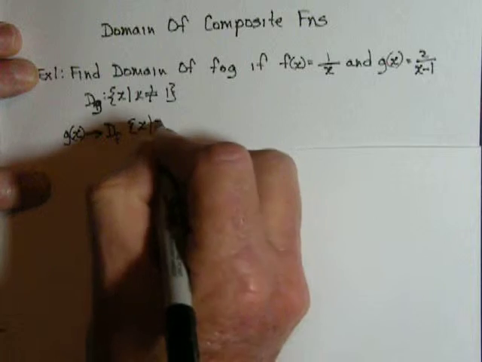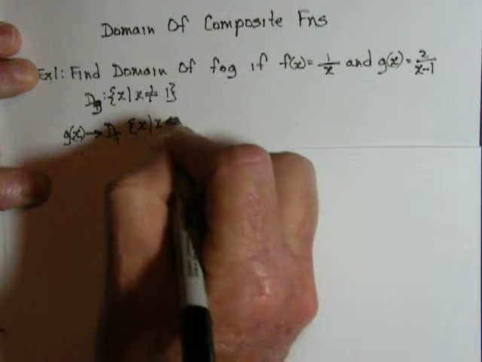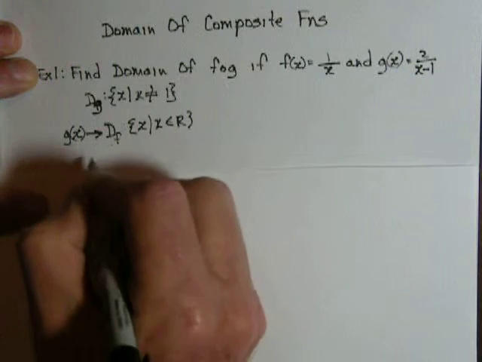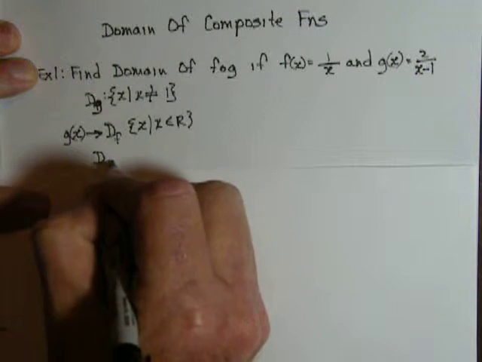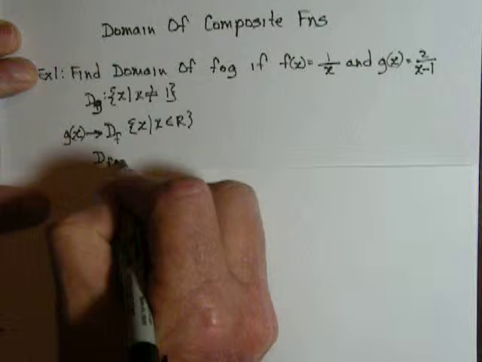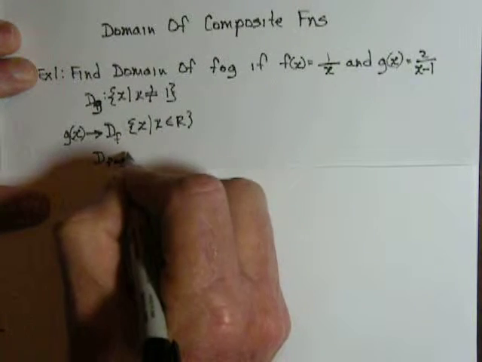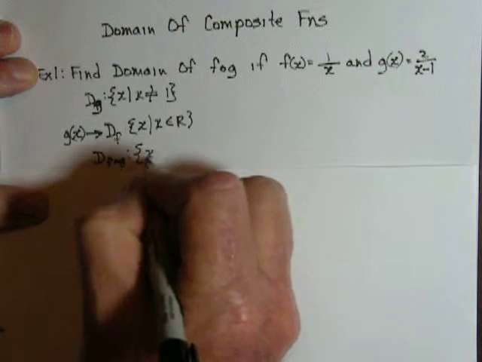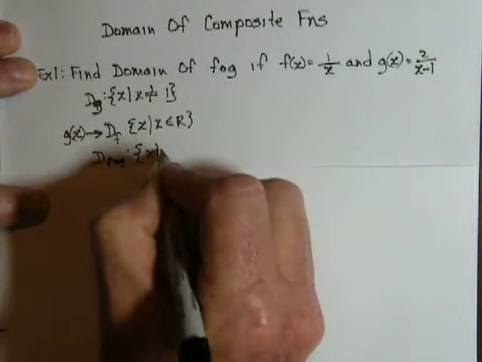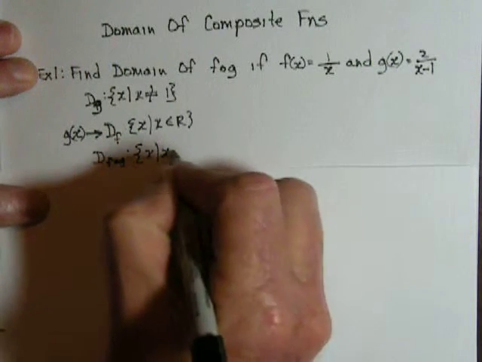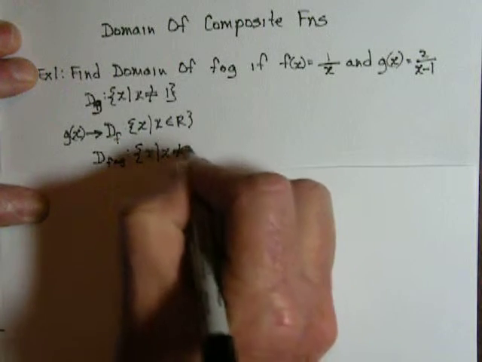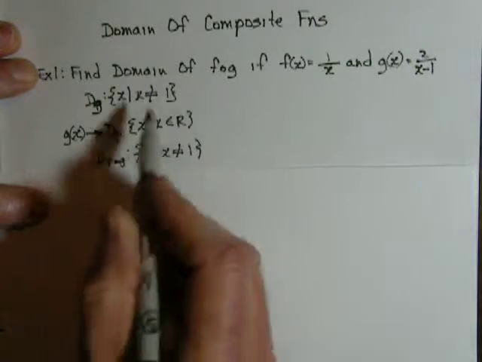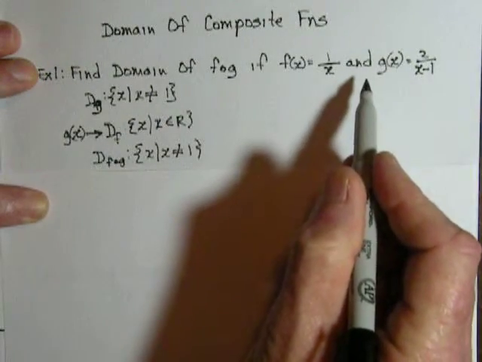So, the result of all this, the overall domain of f circle g is going to be the intersection of these two, which is the set of all x's, and the only exclusion is 1. So x can be any real number except 1. So that's the domain of f circle g in this example.